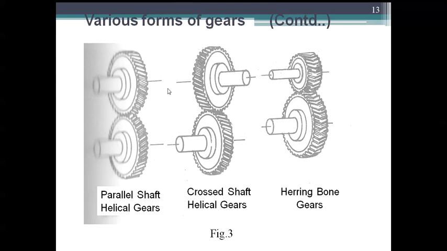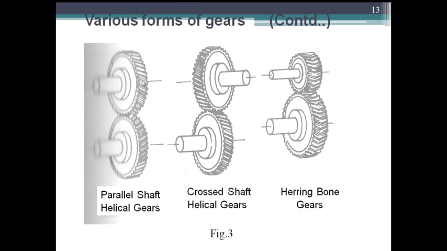The difference is that the shaft axes are parallel and both are coplanar, but the teeth make some inclination with the axis of the shaft. So, inclined teeth for uniform and silent teeth meshing. For easy meshing we use helical gears.